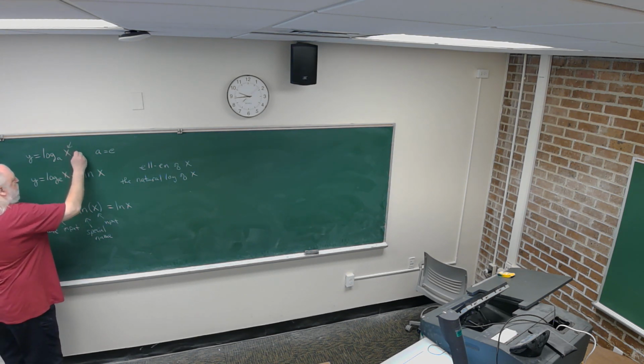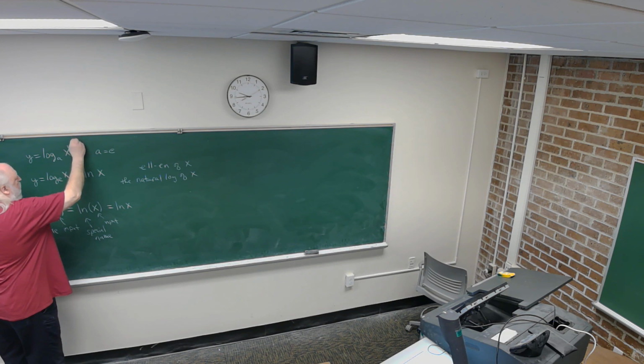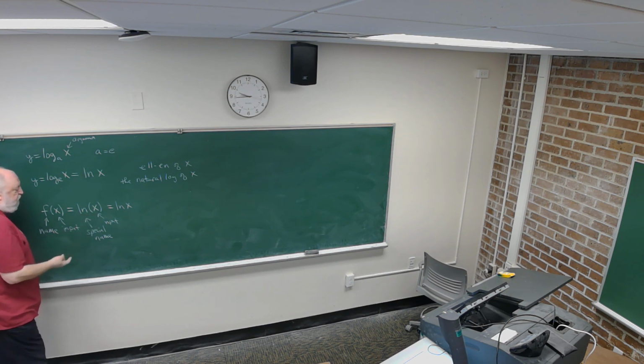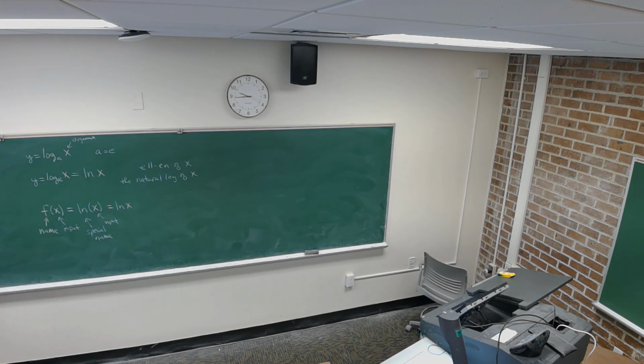Remember, what goes into the logarithm we call the argument, and so ln has to have an argument as well. You just can't write ln all by itself, just like writing square root by itself. It makes absolutely no sense.